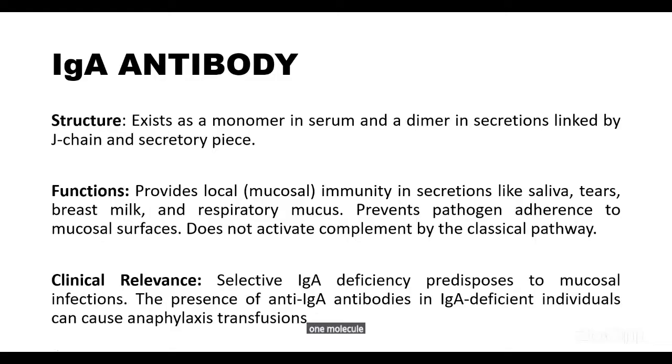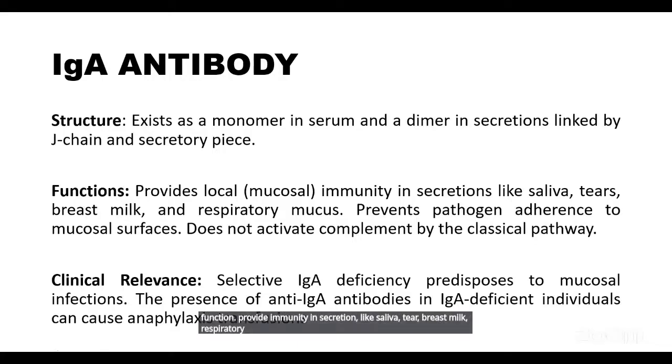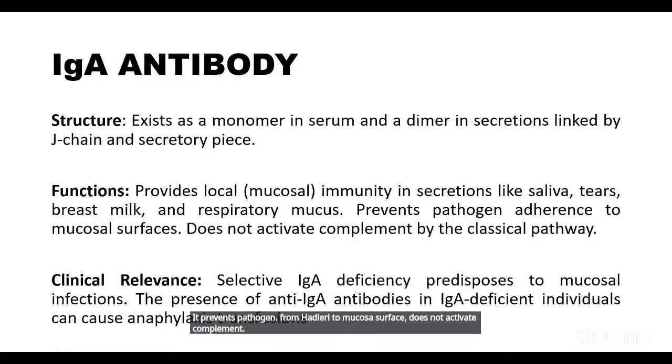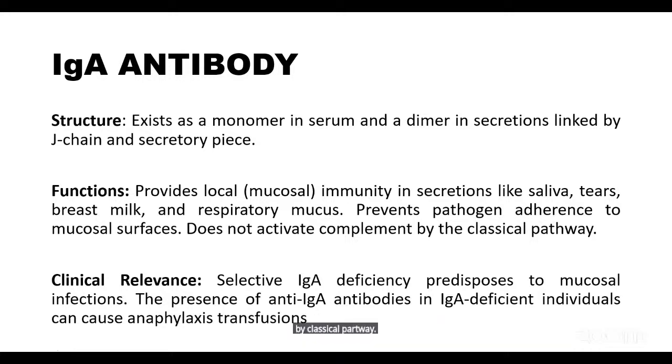But if it is found in secretion, it comes as two molecules, and the molecules are linked together by the J chain and the secretory piece. Function: it provides immunity in secretions like saliva, tears, breast milk, and respiratory mucus. It prevents pathogens from adhering to the mucosal surface, and does not activate complement by the classical pathway. What is the relevance of IgA?